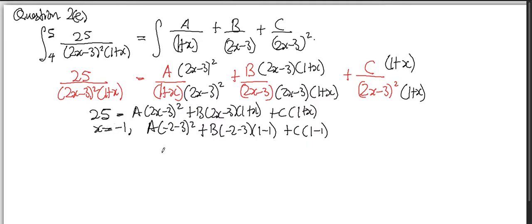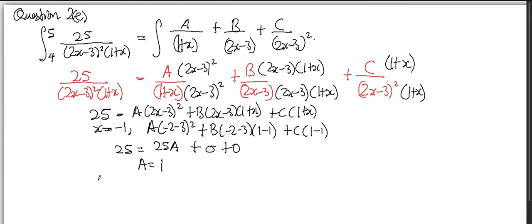What's left on the right is 25, and this is equal to (-5) squared, which is 25A, plus 0 plus 0. So A over here is 1.